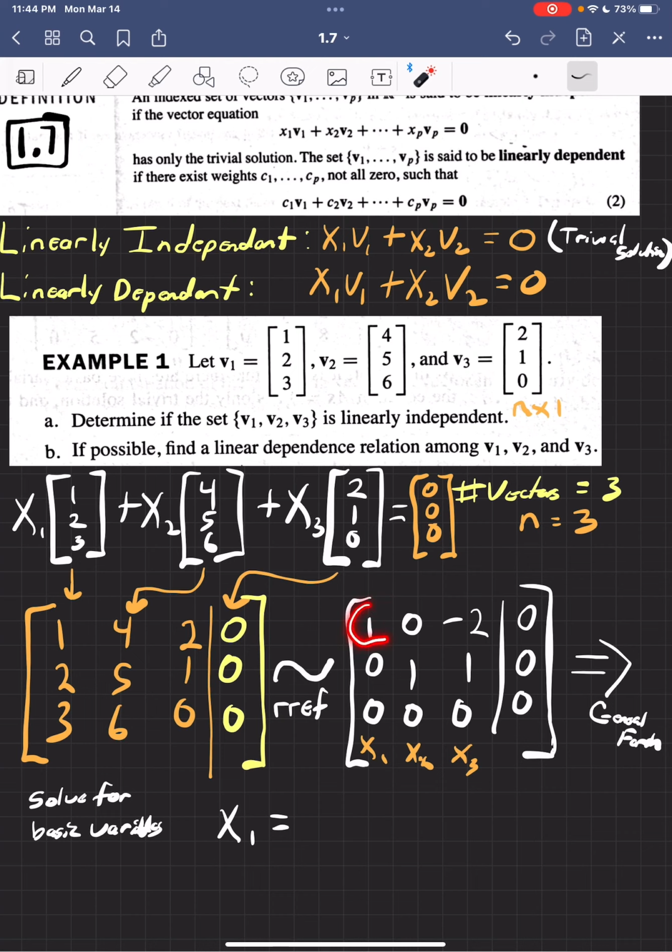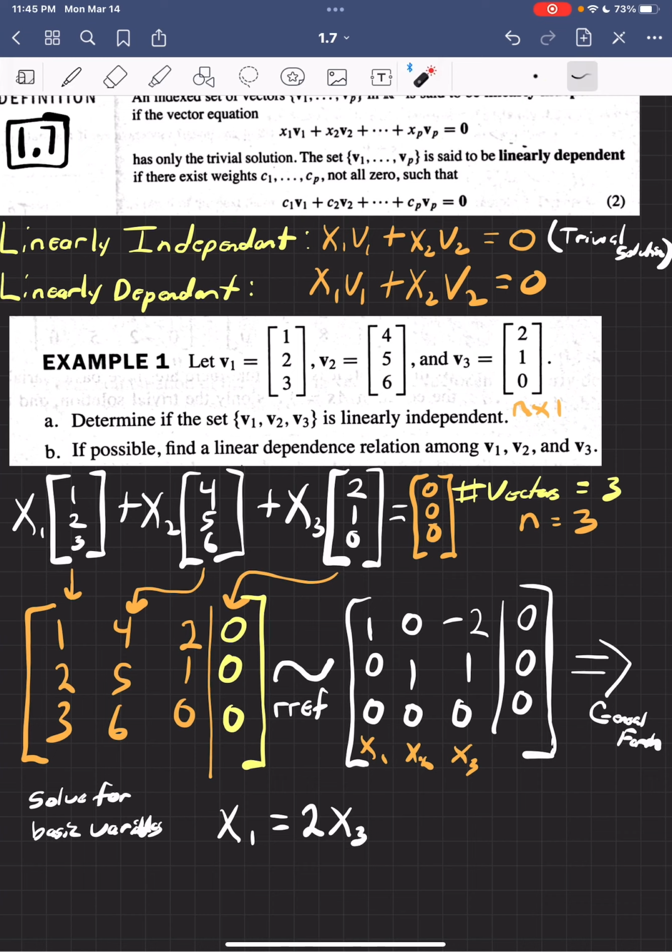Think of this whole row as an equation, where this is your equal symbol. We take the negative 2x sub 3 and bring it over. So x sub 1 is equal to positive 2 x sub 3.